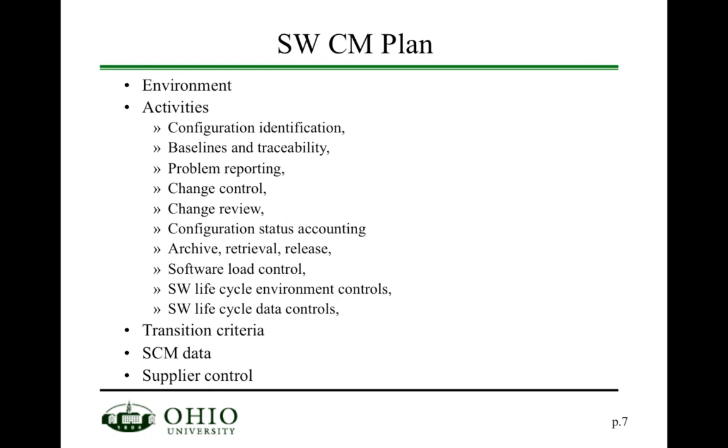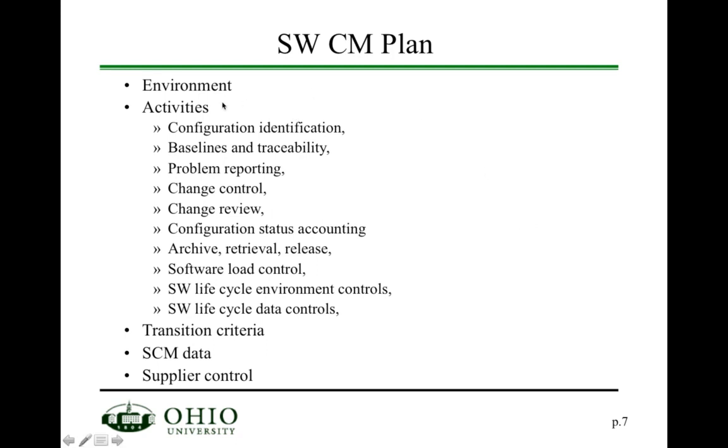Okay, so again, like anything else we saw before in verification or development, we need to have a configuration management plan in which we define the environment, the activities, the transition criteria, the data we're going to provide, and any supplier control that needs to be considered.